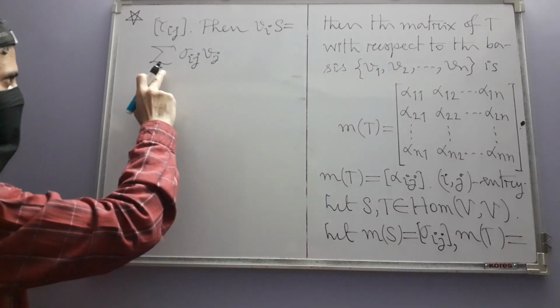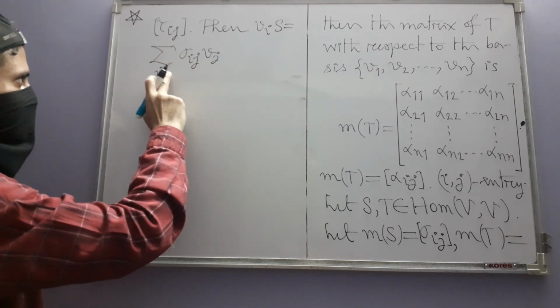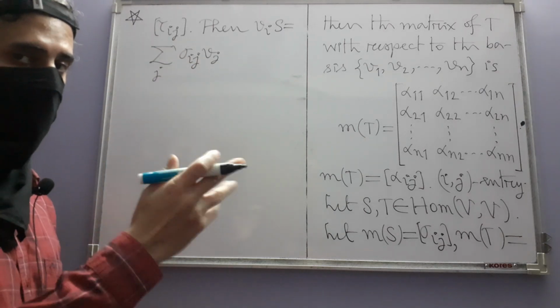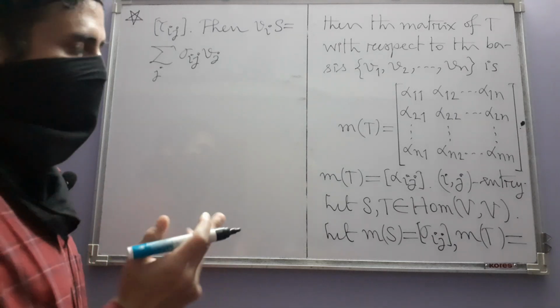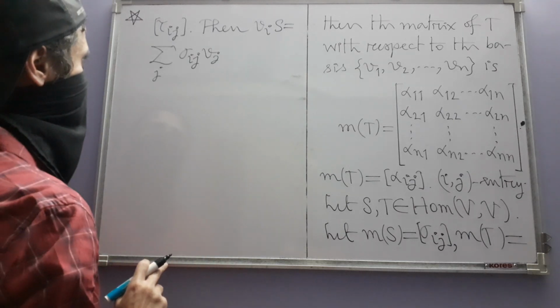So we can simply write j. It's understood that this sum varies for j from 1 to n. That's understood. It's not going to change.